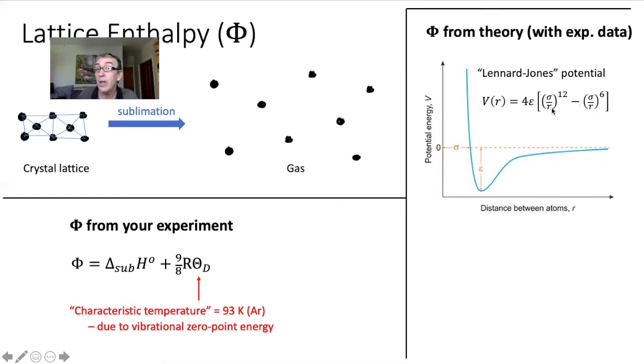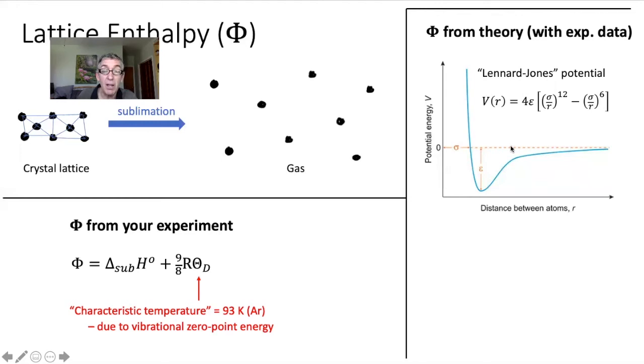Also notice when sigma happens to be equal to r, you'll get 1 minus 1, which is 0. So the potential energy is 0 when r is equal to sigma. Okay. So this is a Lennard-Jones potential. And if you have epsilon and sigma parameterized for your particular substance, then you'll have the curve.